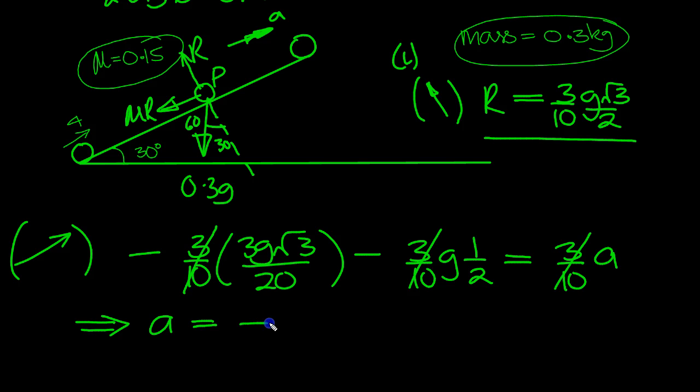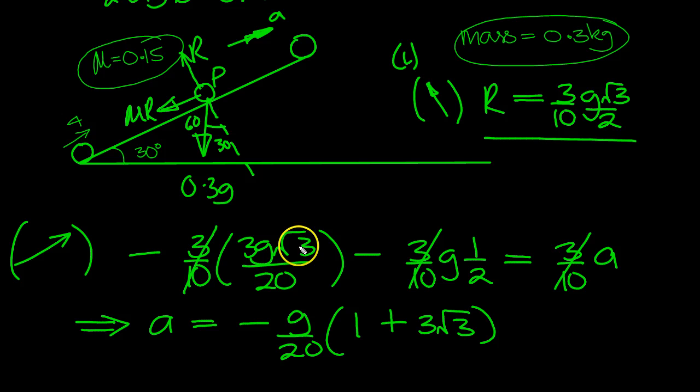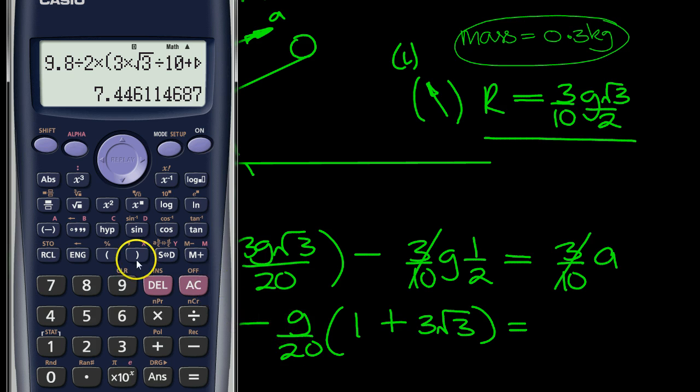We've got a minus, g over 20 as common, so that's 1 here, plus the other term, which is 3 root 3. G over 20 was taken out and we just had a 3 root 3. So that's equal to minus g over 20.